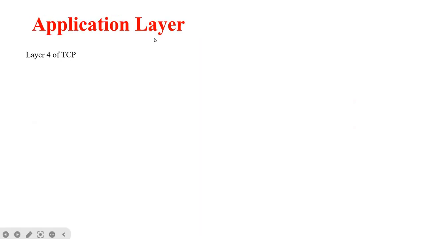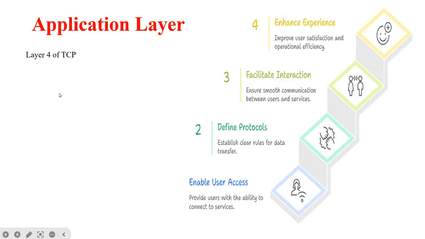The last layer is the application layer. This is the fourth layer, or layer 4, of the TCP/IP protocol suite, and it is synonymous with the session layer, presentation layer, and application layer of the OSI model. These are the responsibilities of the application layer.